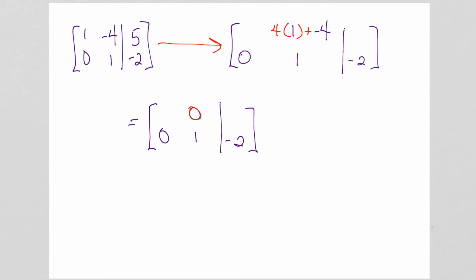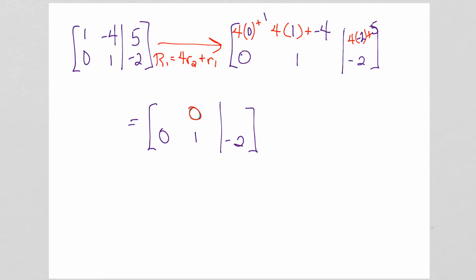And so that's our row operation. In row 1, we're going to do 4 times row 2 plus row 1. So 4 times row 2 plus, didn't leave myself enough space, row 1. And here, 4 times row 2, which was -2, plus what was in row 1 over here.